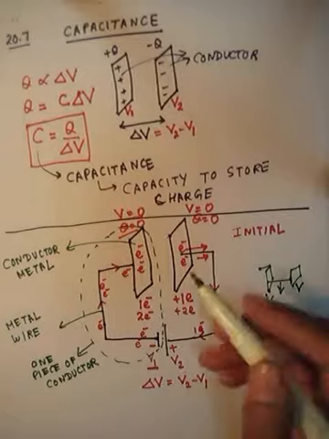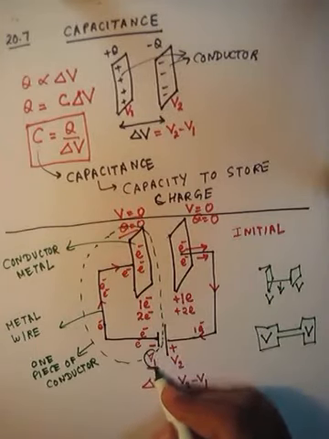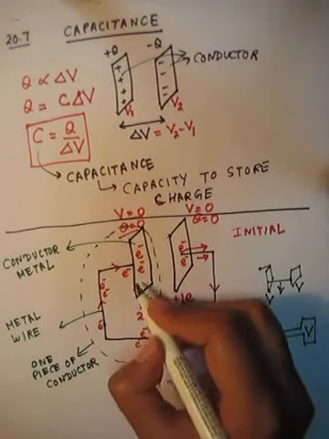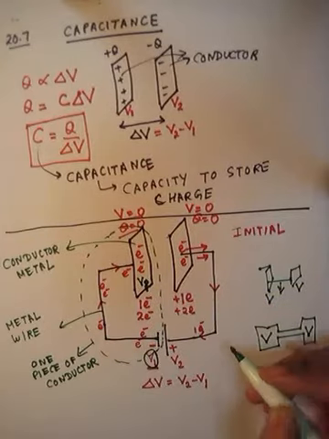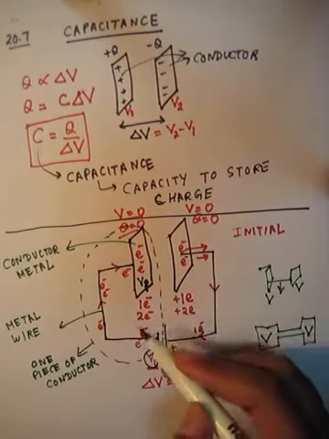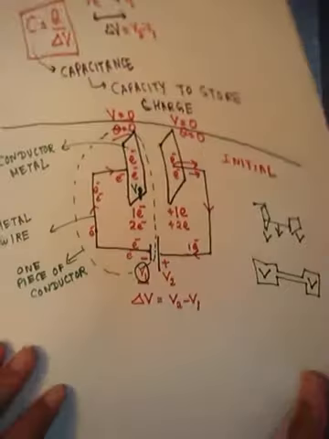Similarly, this will continue until the potential here becomes V1, and it will have some total charge. So what does it mean?